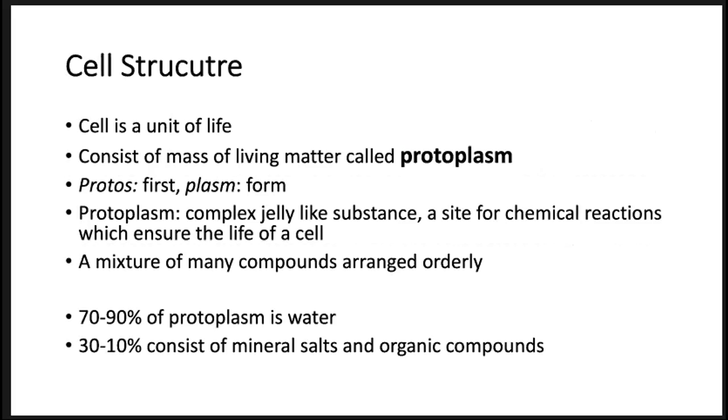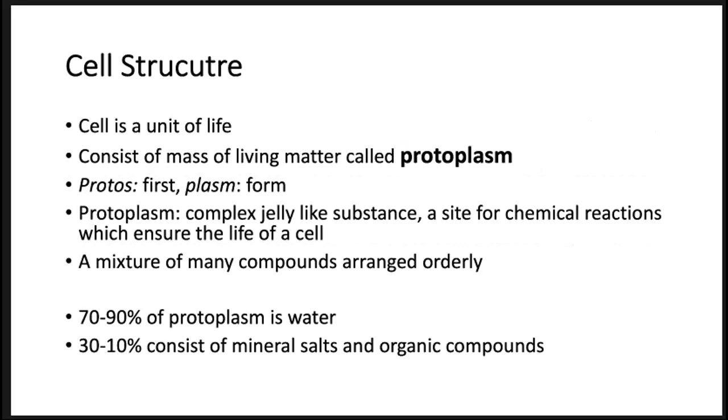So as we said, a cell is a unit of life. It consists of a mass of living matter, which is termed protoplasm. Protos means first, and plasm means form. So, first form. Protoplasm is basically a complex jelly-like substance, which is a site for chemical reactions and ensures the life of a cell.